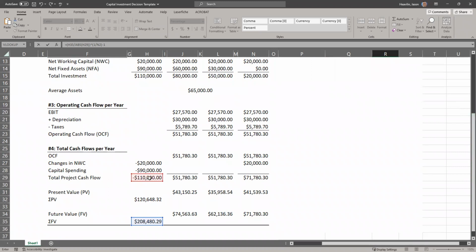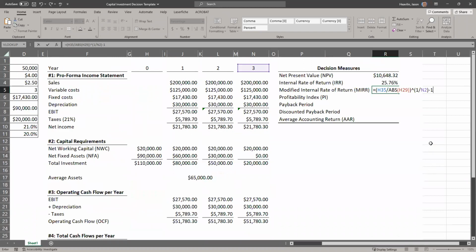Now I have absolute value because we need that number to be positive. Regardless of it being negative or positive, it needs to be positive for this formula to work. So we started with the sum of future value divided by the absolute value of that number. That number is going to be raised to an exponent. That exponent is going to be 1 divided by the years that we need to move this. This is kind of a present value calculation as well, because we're going into year 0.